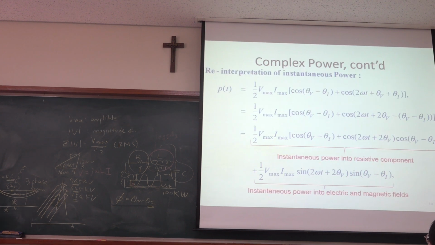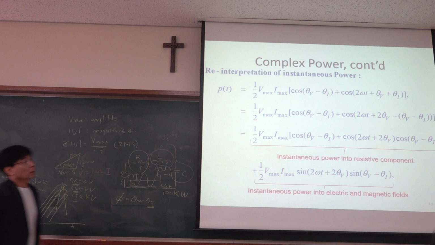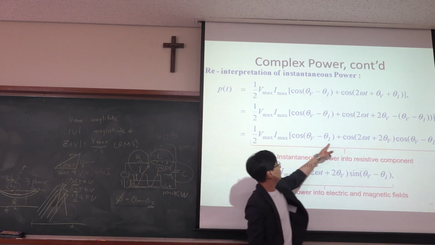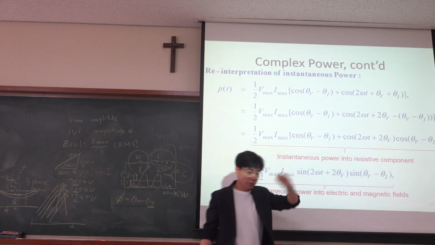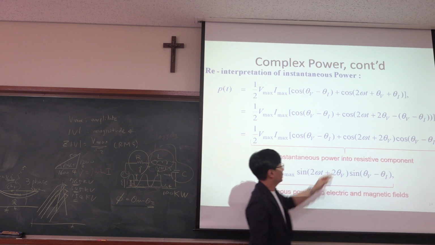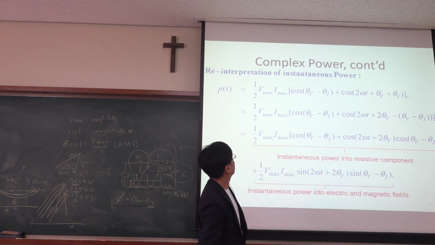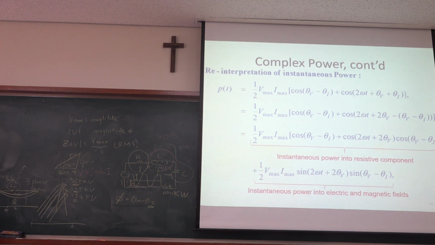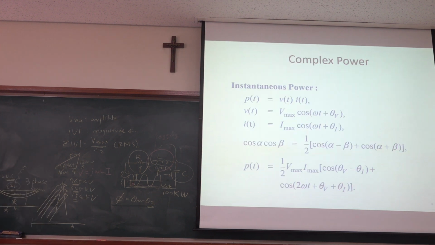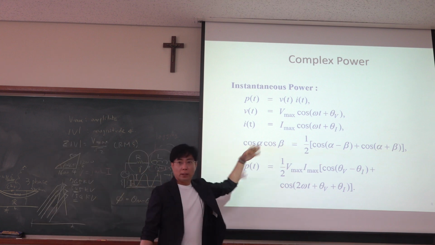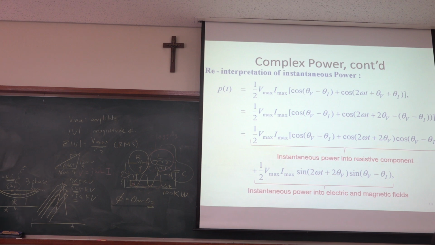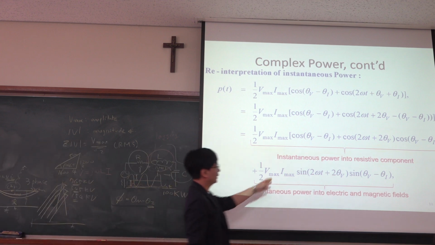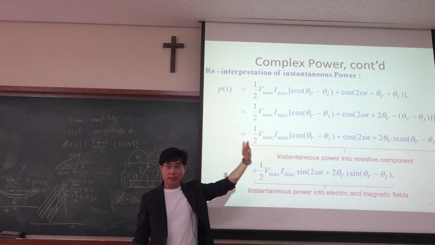So when we talk about the instantaneous power here, this is the average power, or this is the active power that is delivered from the source to the load. But instantaneously, the current goes up and down, up and down, and it's not easy to say, but anyway, this instantaneous power changes over time.